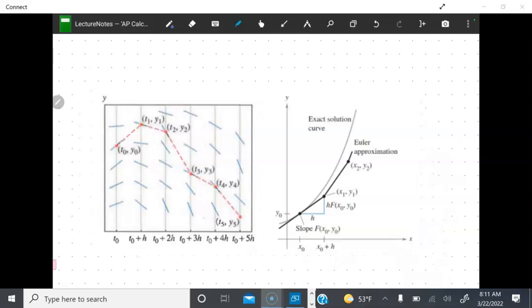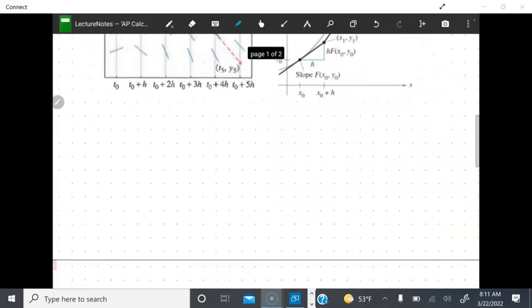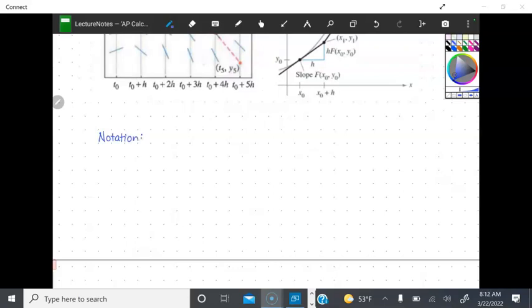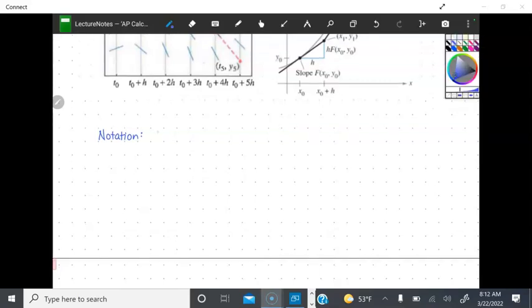Okay. So before we get into Euler's method, let me just do a little notation here. Notation. Derivatives. We actually already know some notation for derivatives right now. We have dy/dx.